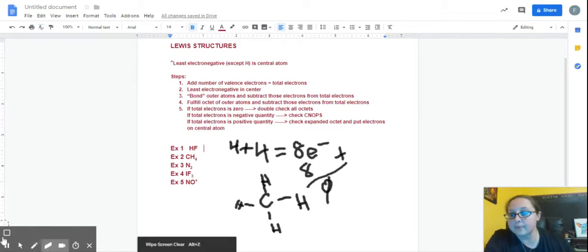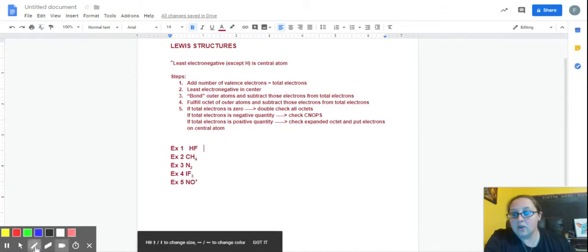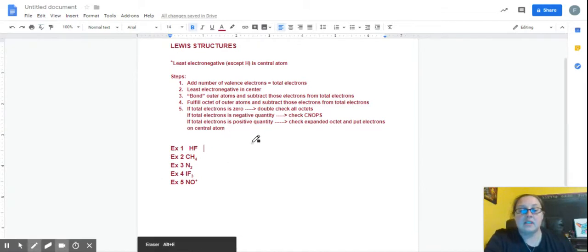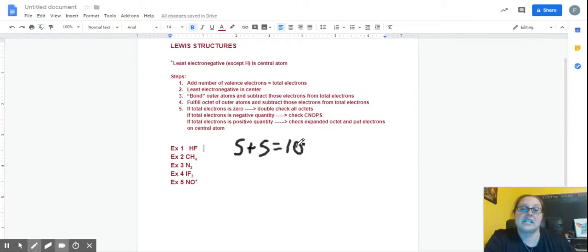So for the next one, we're going to do N2. So first is do the math. Nitrogen is 5. I have another nitrogen, so another 5. So that gives me 10 electrons total. You see how we've completed step 1.